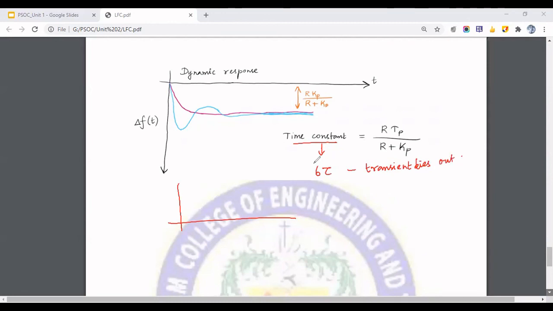So at a time which is greater than 5 tau, or equal to 6 tau, the transient dies out.